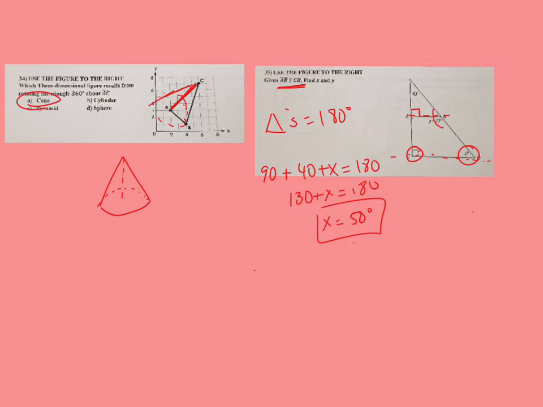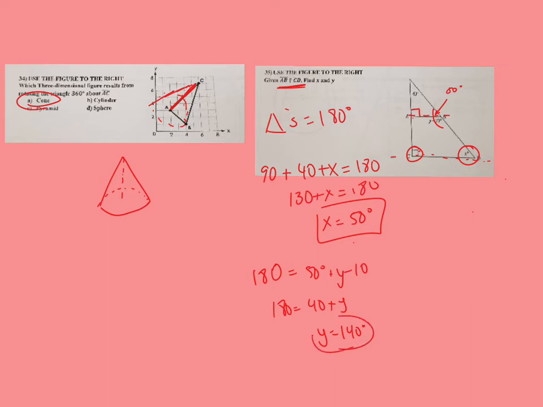So another thing I could do to find y, I could say 180 equals, and based on corresponding angles, I know that is 50 degrees, plus y minus 10 equals 180. So 50 minus 10 is 40, so I get 180 equals 40 plus y. So y is going to be equal to 140 degrees, which makes that angle 130.